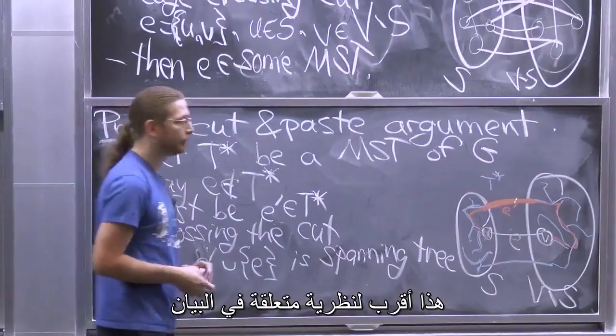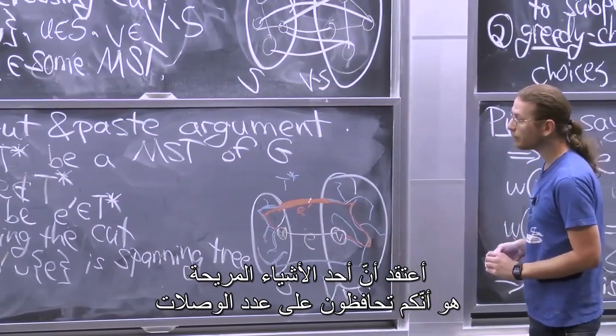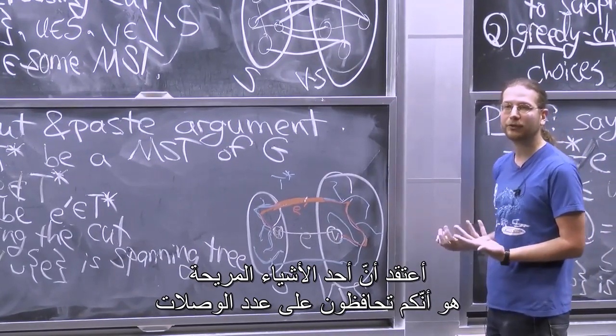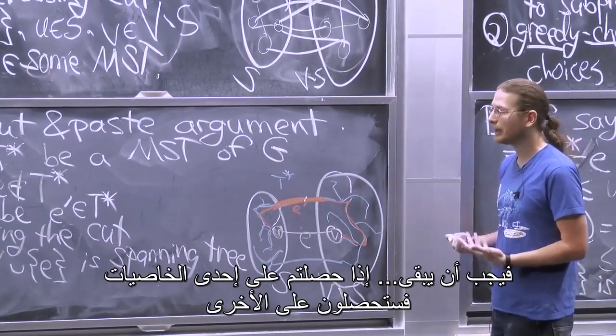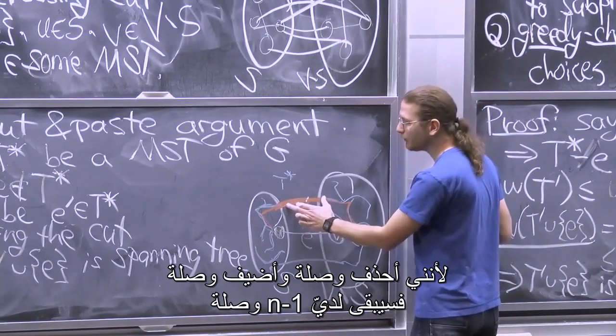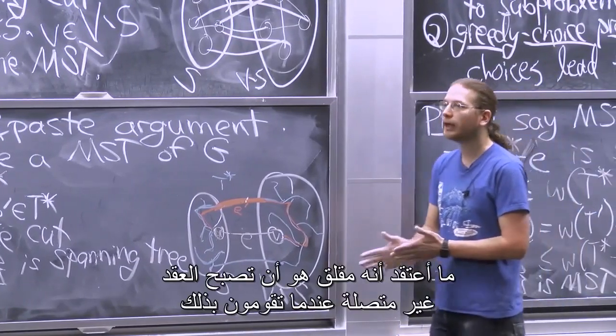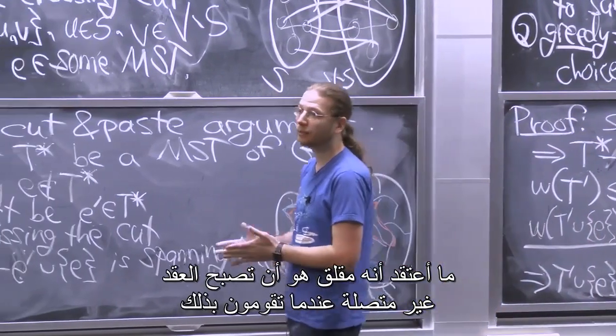This is more of a graph theory thing. I guess one comforting thing is that you've preserved the number of edges, so if you get one property, you get the other. Because I removed one edge, added one edge, I'm still going to have n minus 1 edges. The worry, I guess, is that things become disconnected when you do that.